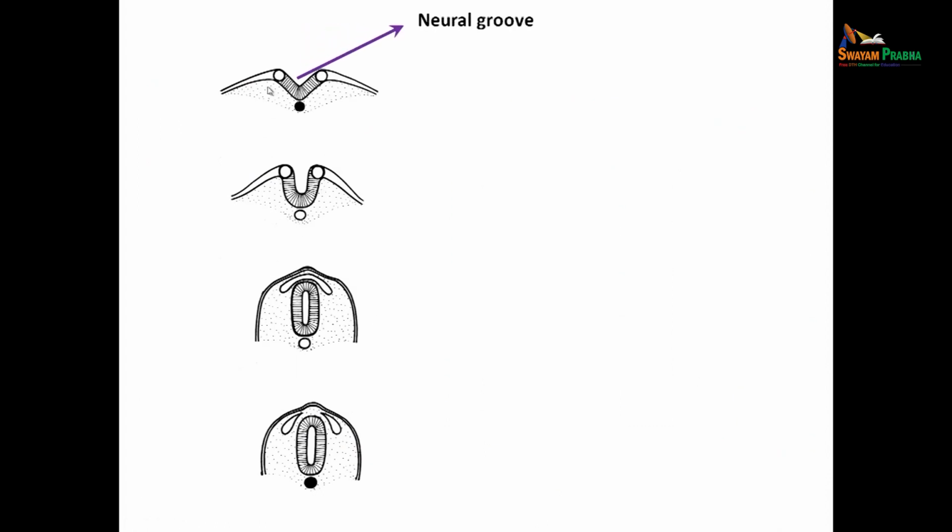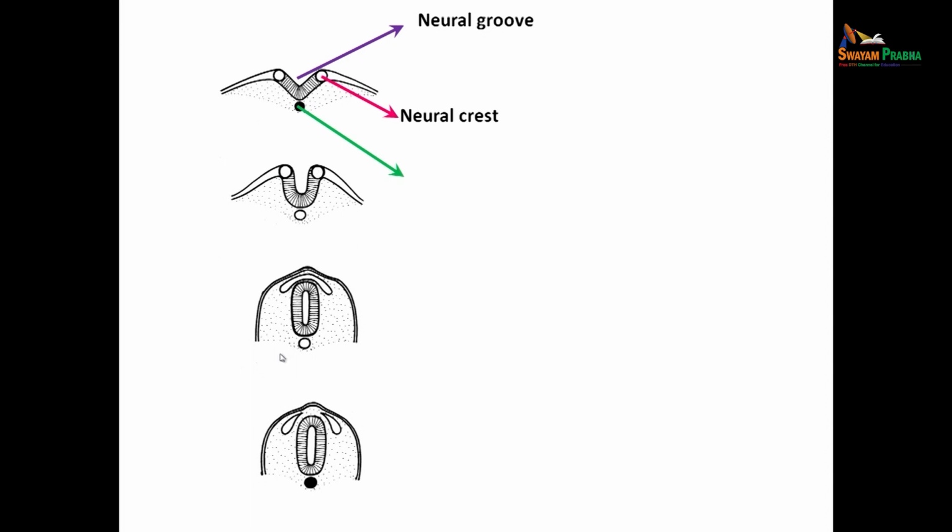So, this is again a schematic representation. You have the formation of the neural groove, here you have the notochord, and at the ends of the neural groove you have the folds which are giving rise to the neural crest cells. Just focus on this region. These are the lateral folds.